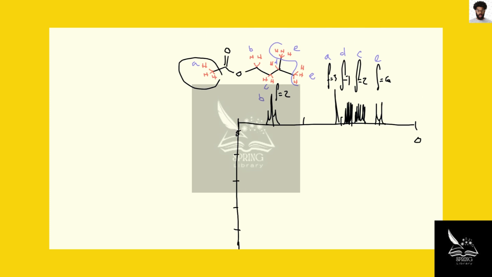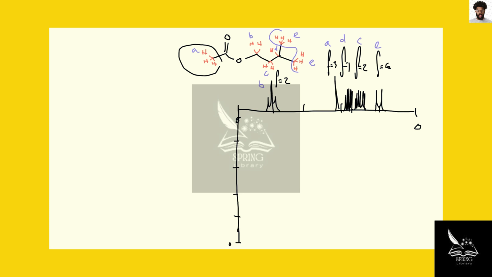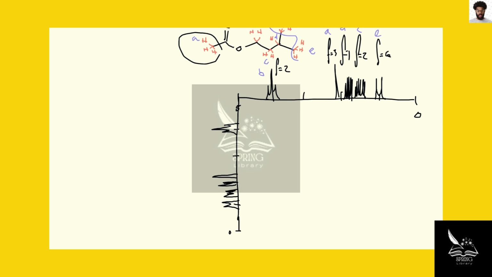Let's contrast that with E. Does E have any neighbors? It has a single neighbor, and that's D. So I'm copying down this signal, going top to bottom, and then labeling them again.